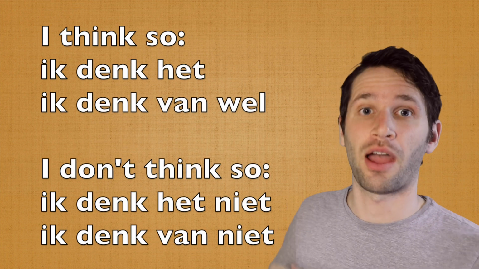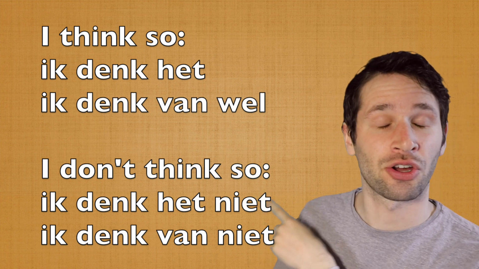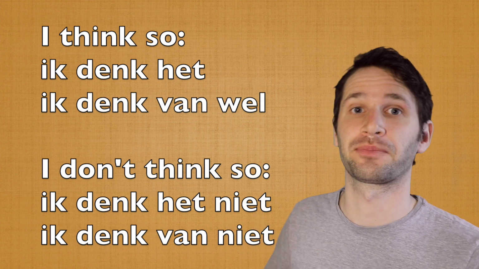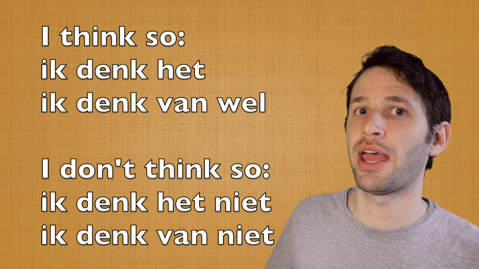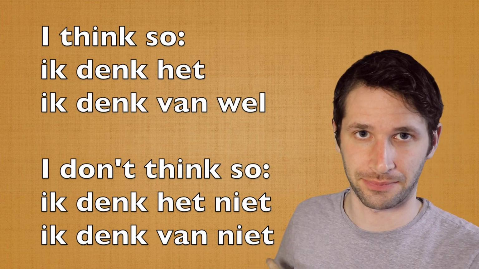Another expression with "so", and I'm using a lot of "so"s in this video, so it's very important to learn the proper use. Another expression: "I think so". How do you say it in Dutch? Well, it's "ik denk het", or "ik denk van wel". And "I don't think so": "ik denk het niet", "ik denk van niet".